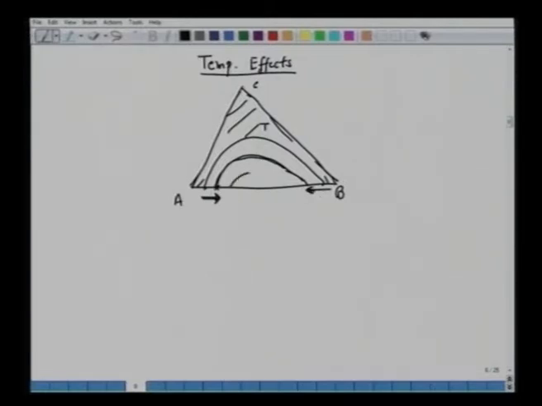Similarly, at a higher temperature this will shrink, and it's possible that at a very high temperature, the bottom line being that A, B and C, the three components, must not decompose, we have completely miscible and this point will vanish. So we have this increasing temperature.